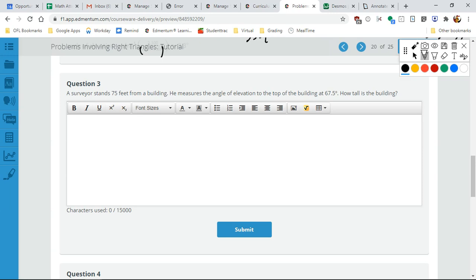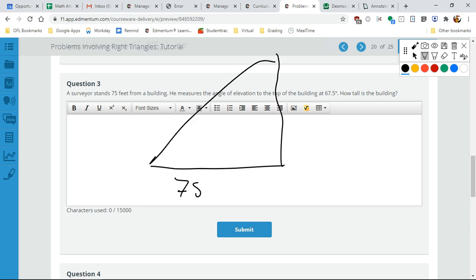So a surveyor looks at this, and he's 75 feet from the building. Obviously you can't measure the building. The angle of elevation is 67.5 degrees, and he wants to figure out how tall the building is. Opposite and adjacent.